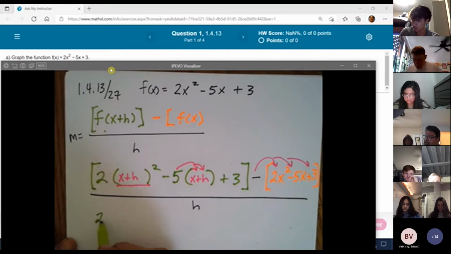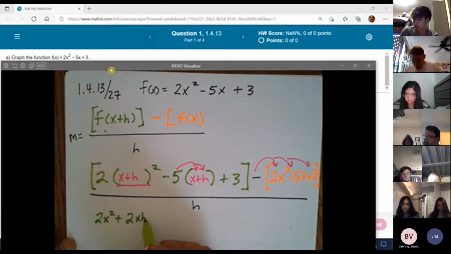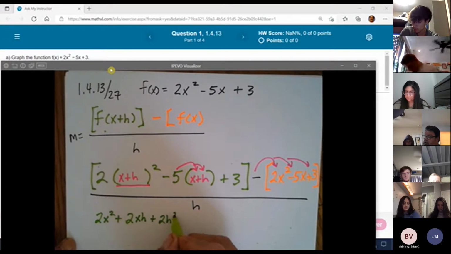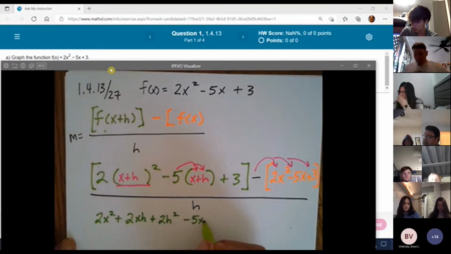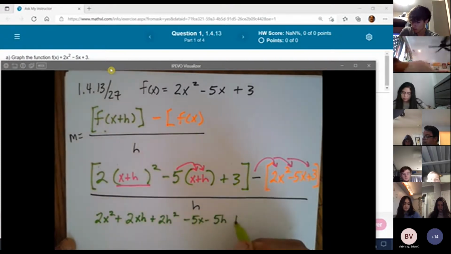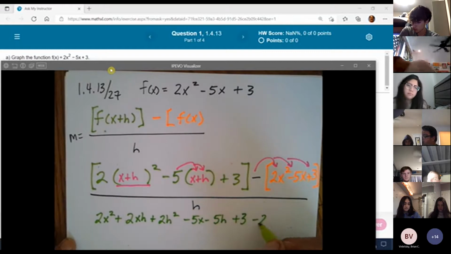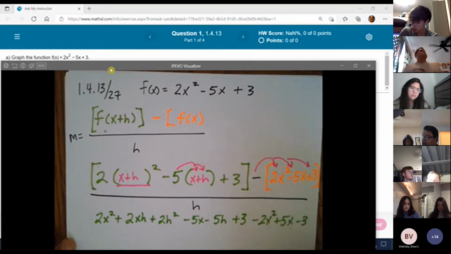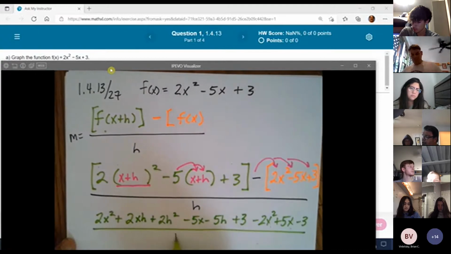It's going to be 2x squared plus 2xh plus 2h squared minus 5x minus 5h plus 3 minus 2x squared plus 5x minus 3, and all that is over h.